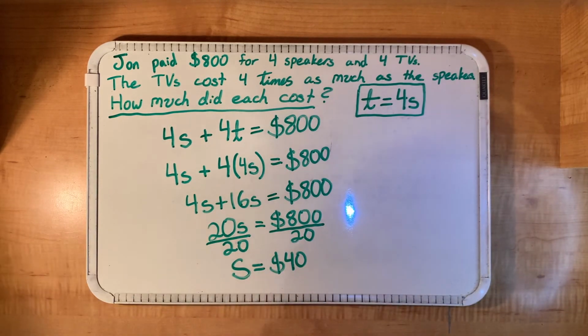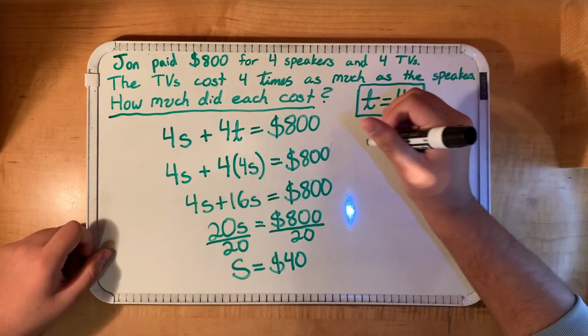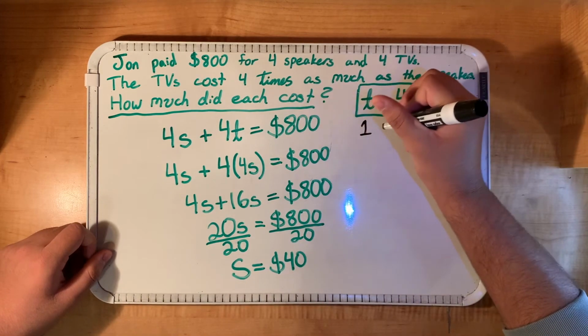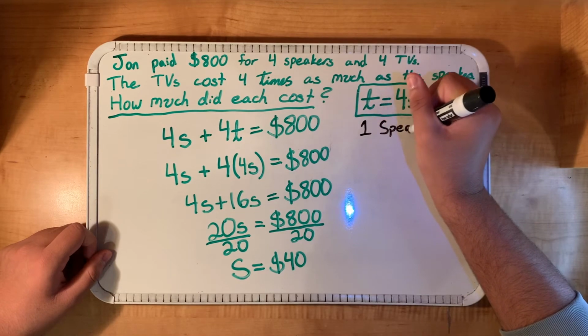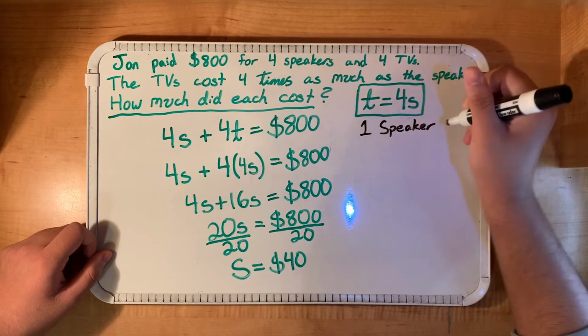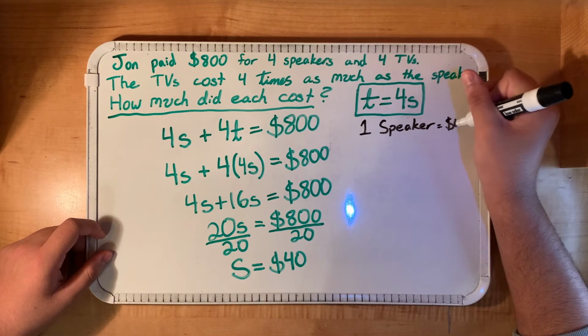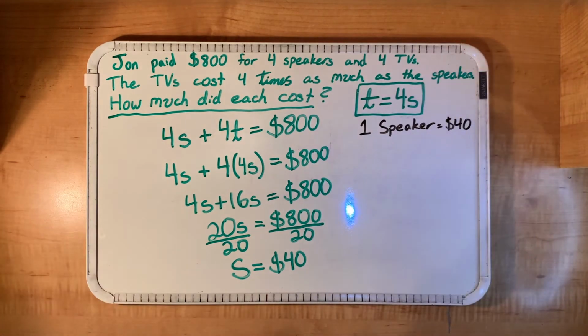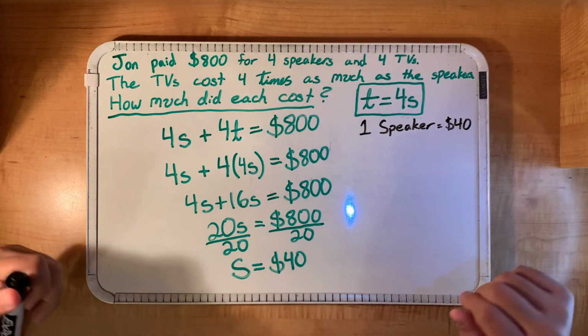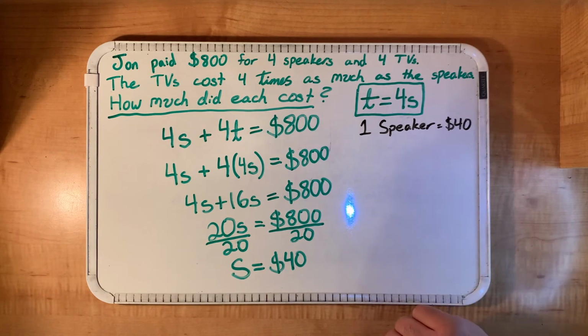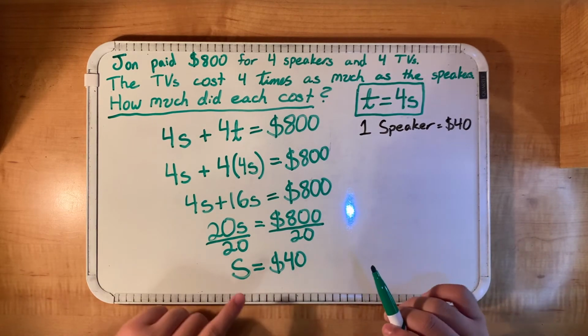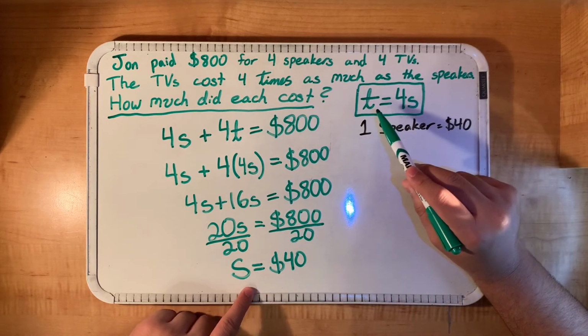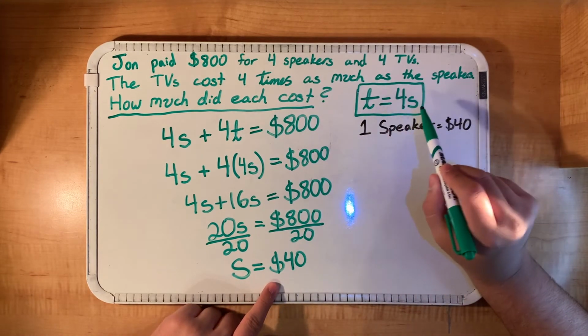One speaker equals $40. I'm going to write that somewhere in black. One speaker is equal to $40. All right, now we need to find the price of the TVs. As we determined earlier, one TV is equal to 4 speakers.